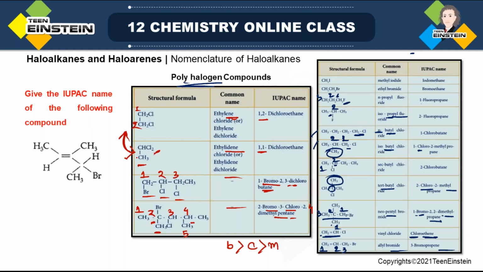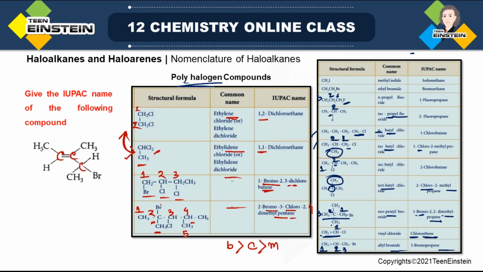Here a molecule is given, its structure is given, and we have to write the IUPAC name. Now this is carbon, this is carbon, this is also carbon. So CH3, then CH double bond, C-CH3, then CH2Br.